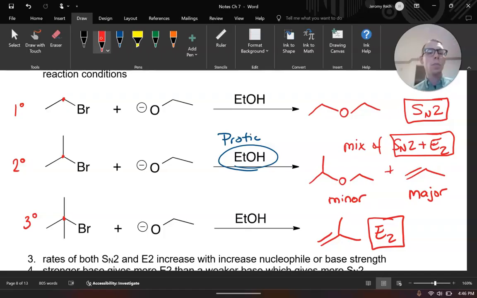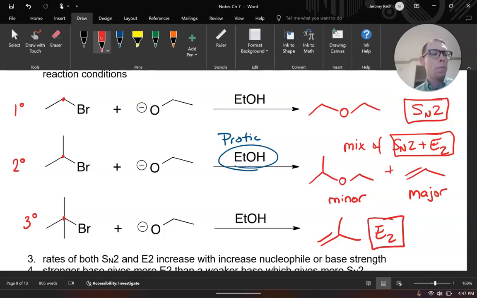So you can see here, just by changing your substrate, you can go from SN2 only to a mixture of SN2 and E2, and then based on your conditions, push it one direction or the other. And for the last one, we only go E2 because of how sterically bulky it is. So that's an example of something that looks remarkably similar, but can actually give completely different products.